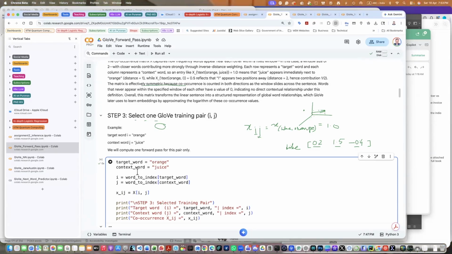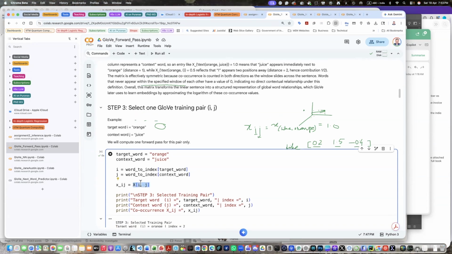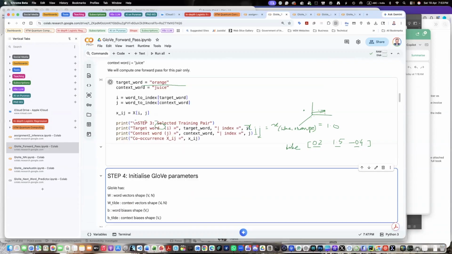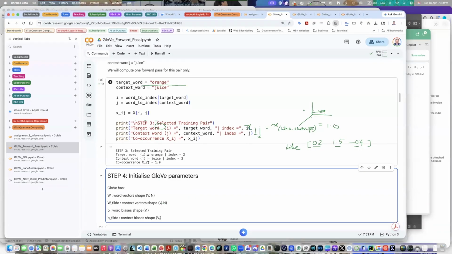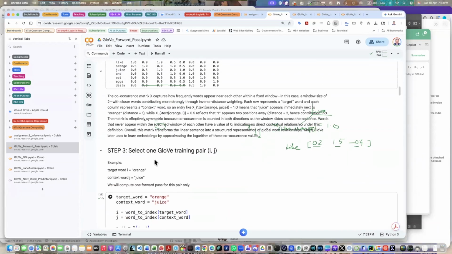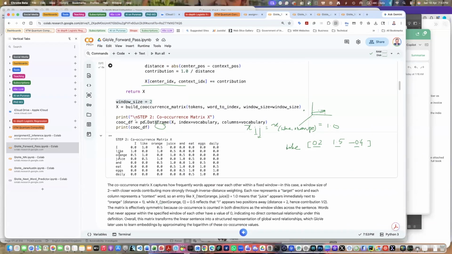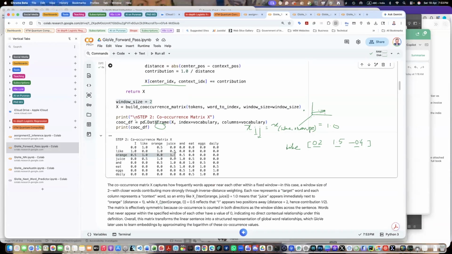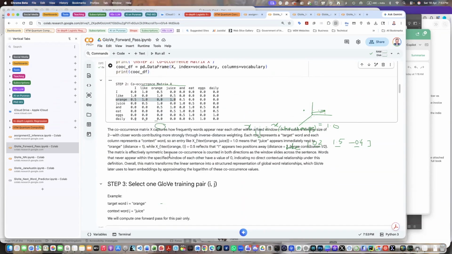So I have to take them in pair, and I can calculate the xij just like I did manually with you guys. So the target word index is 2, the context word index is 3, and the co-occurrence is 1.0. You can see that this is orange, and this is juice, so they are next to each other. So the co-occurrence xij is 1.0.